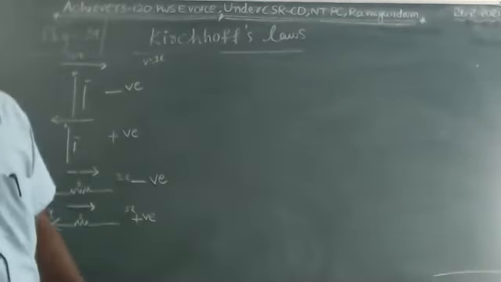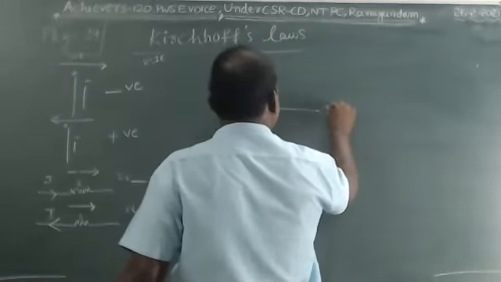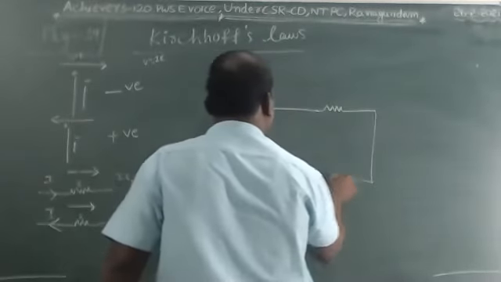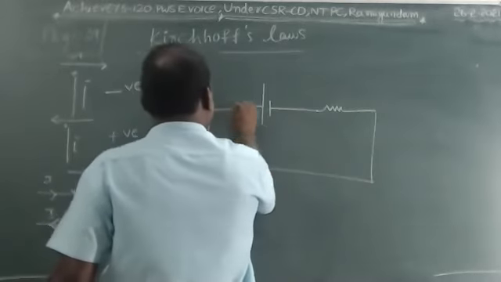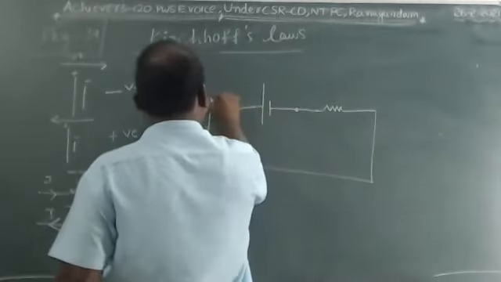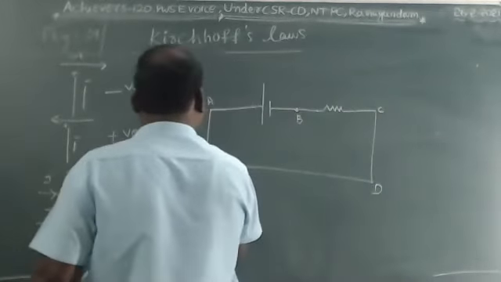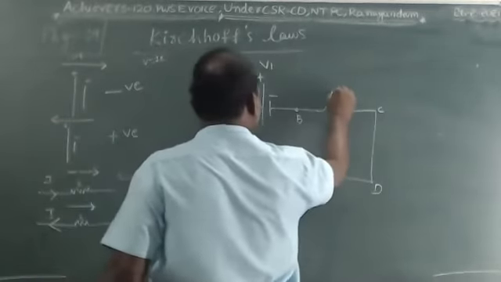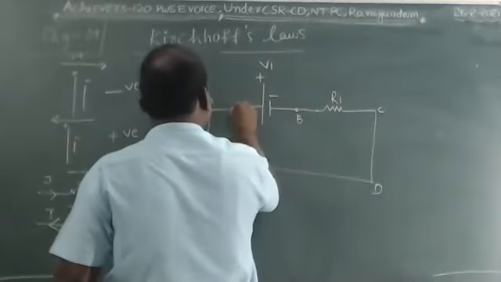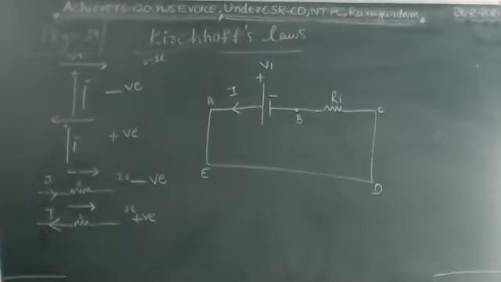Let me do one loop here. See, it is very important. So it is A, B, C, D, A. Okay, children.